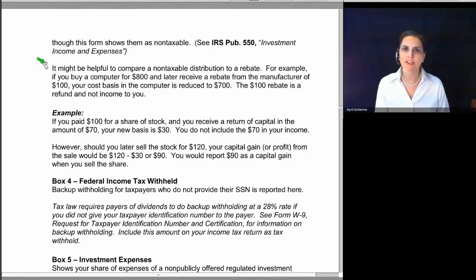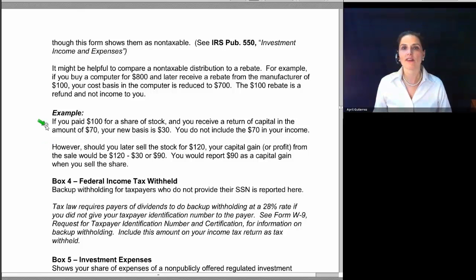That $300 check to you is not income. It's basically a refund of your initial investment in that television of $3,000. And so your cost in the television is now dropped from $3,000 down to $2,700. The similar effect can be looked at with the return of tax-free dividends. Let's just suppose you go out there and you purchase stock, and this example is on the screen in front of you.